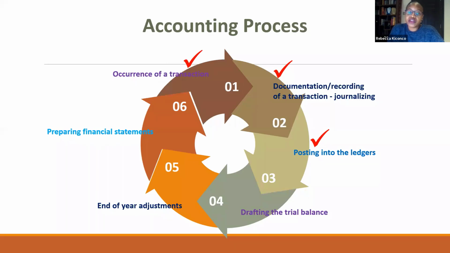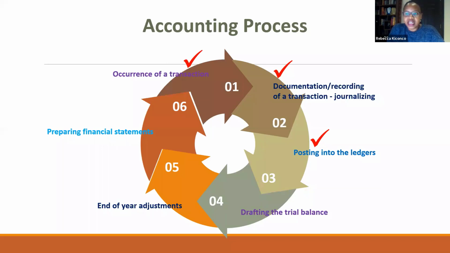So we do that through a process that we call journalizing. That is documenting or recording of a transaction. That is what we're going to look at. And then afterwards, at the end of the month, usually, we post these records into what we call the ledgers.